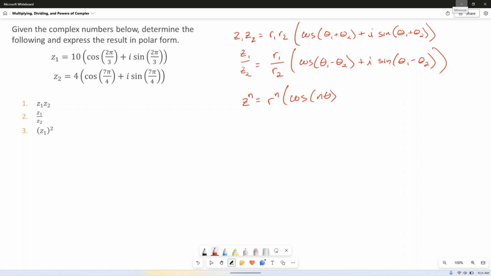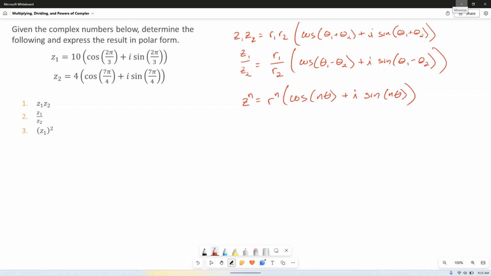And it's n theta because if you multiply complex numbers, you add their angles. Well, if you multiply them n times, then you're going to add their angles n times, and that's what multiplication is. So cosine of n theta plus i sine of n theta. So these are the formulas that we need to use to work through these three examples.